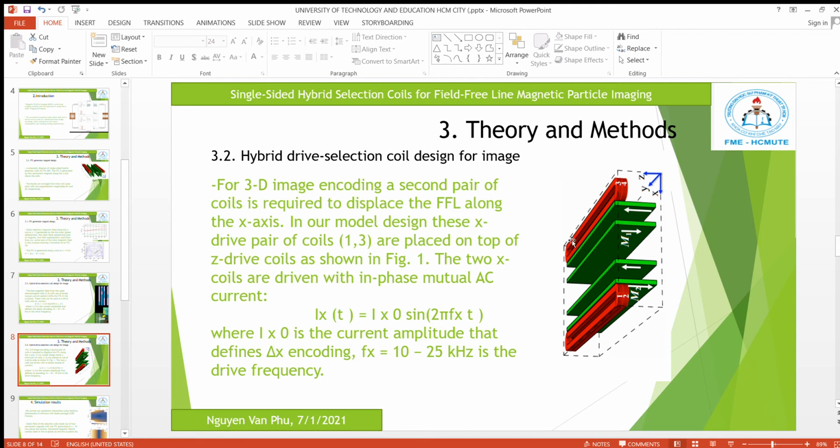The two X coils are driven with inverse mutual AC currents, Ix(t) equal to Ix0 sin(2π Fx t), where Ix0 is the current amplitude that defines the x encoding, and Fx equal 10 to 25 kHz is the driver frequency.